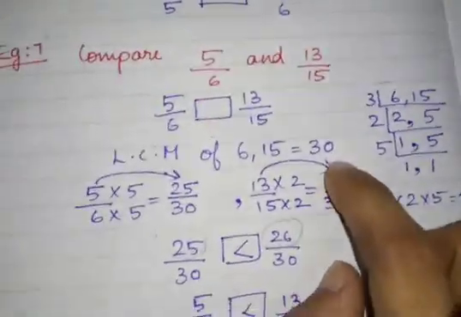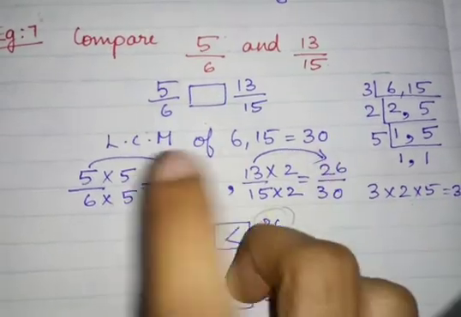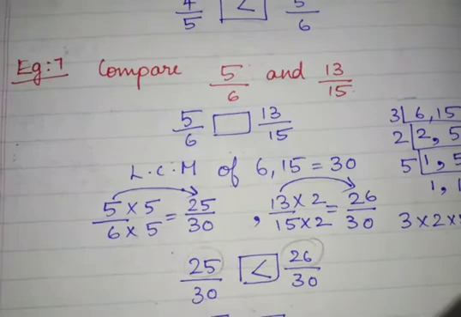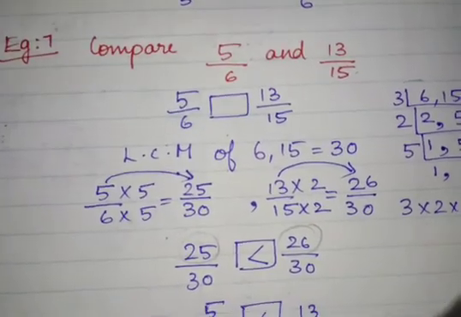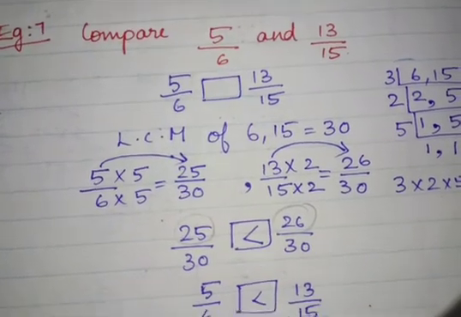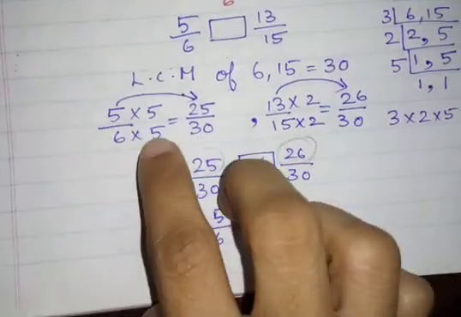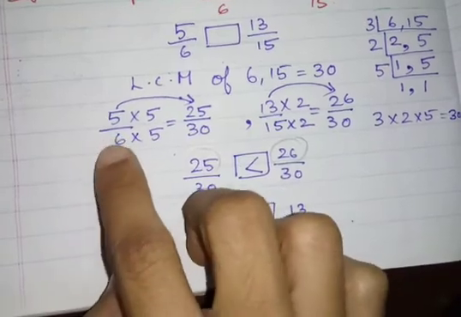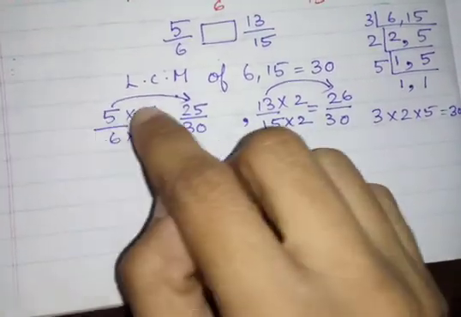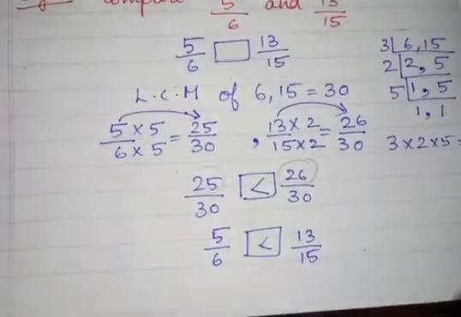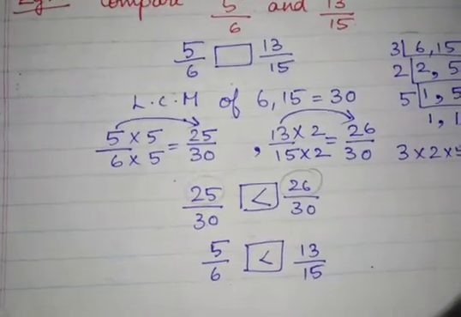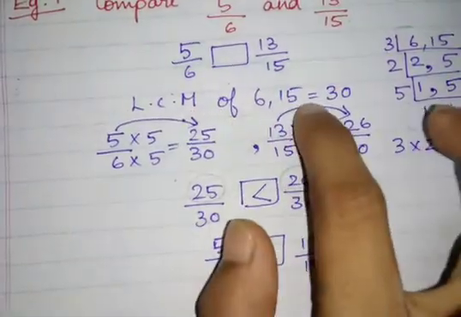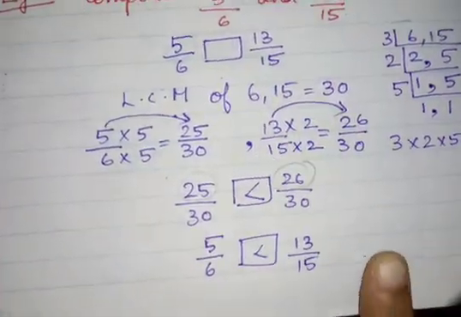But the LCM value which you are getting is 30, which is very easy for us to do. But when you do 90, the number is very large. For example, 30 means 6 5s, easily you can find it. But when it is 90, you should find 6 into 15, 5 into 15. So the multiplication process will be very high. That is why we are not directly multiplying. Instead we are doing the LCM, so easily we can do it.